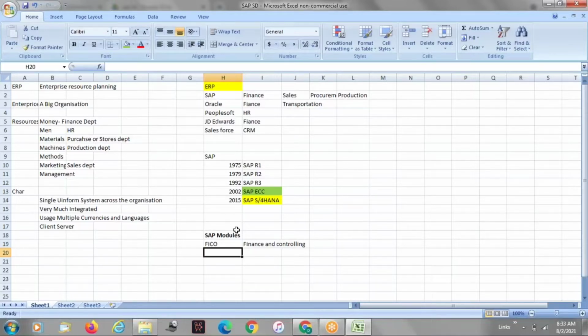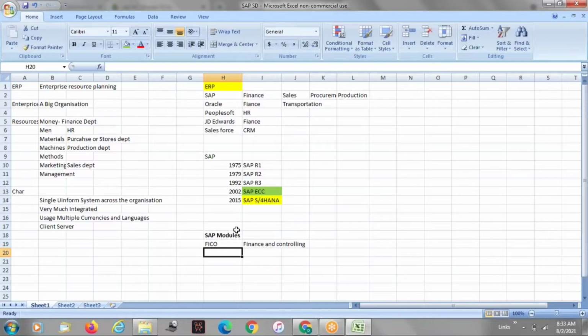They also make payments and receive payments. When we have vendors and purchase orders, they make payments to your vendors, and also receive payments from the customers. So anything related to money, the FICO department is mainly responsible, posting to certain GL accounts.